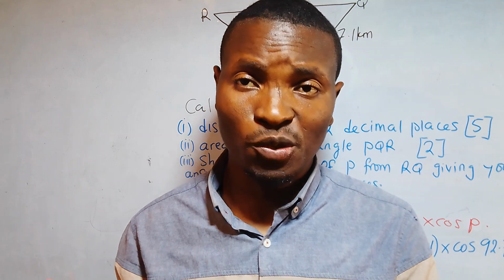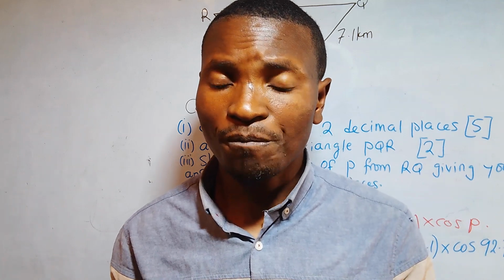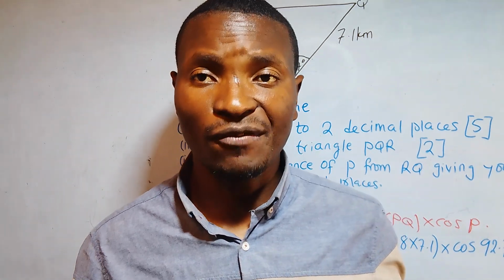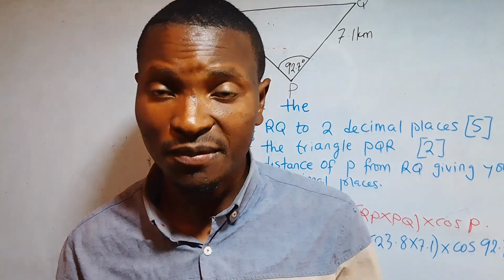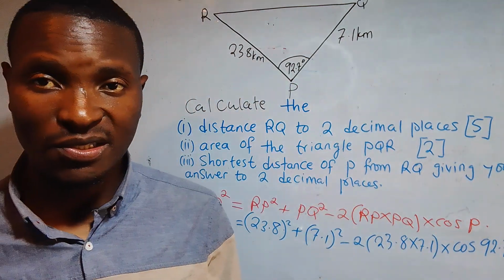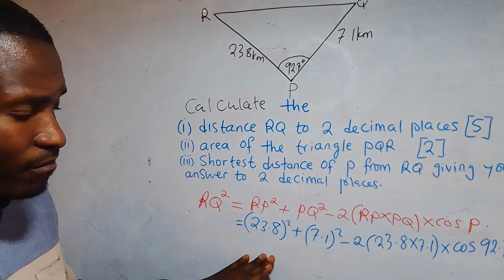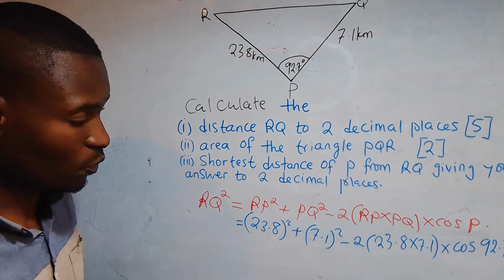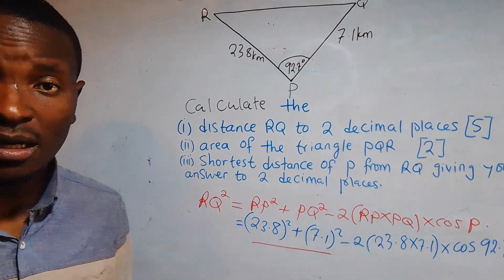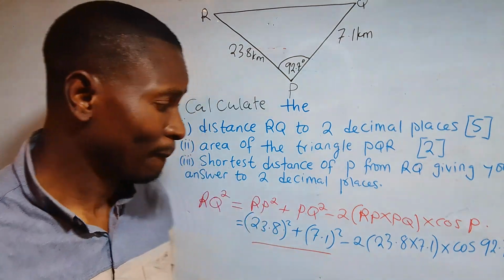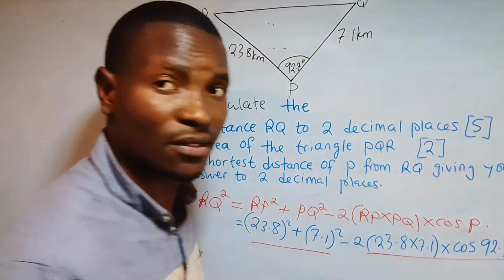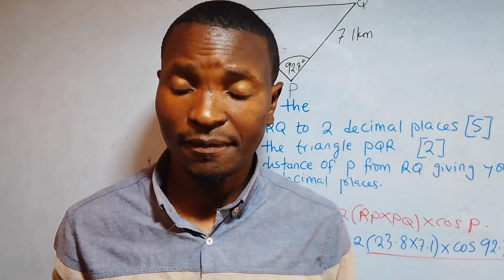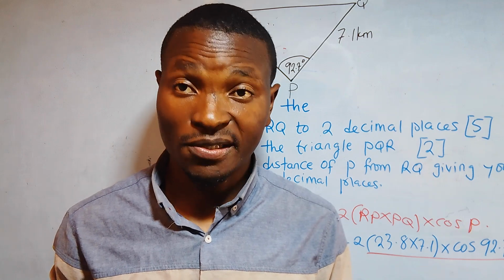Make sure that you check that out. I'm going to punch everything and then just give you the answer. But the most important thing to understand is to make sure that you punch this, you punch that alone, and then you also punch this alone. That's the most important thing.